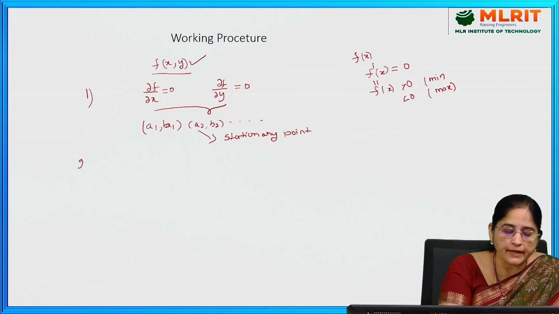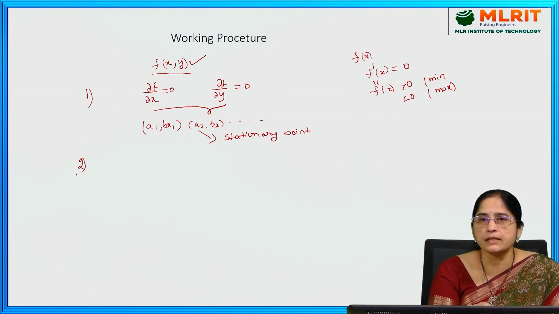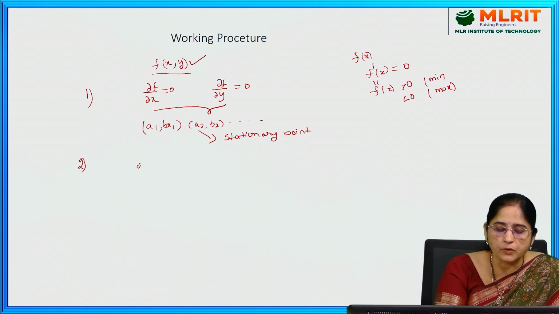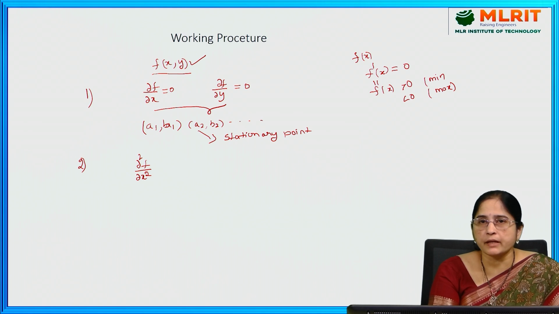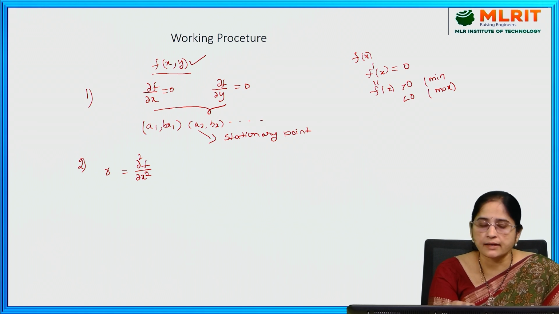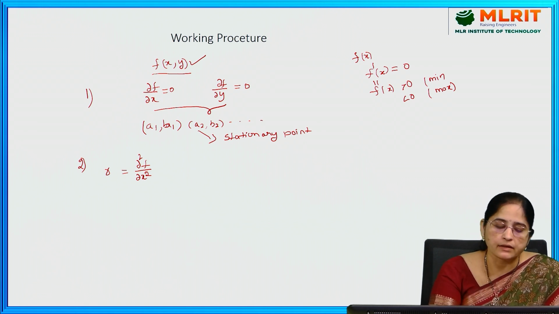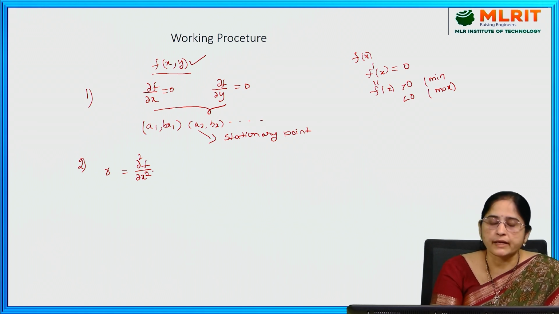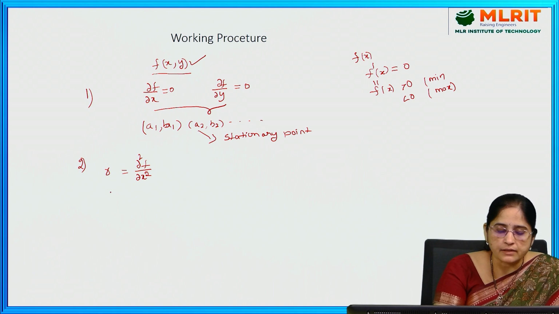Next, after finding the stationary points, we have to find out dou square f by dou x square. So, instead of writing dou square f by dou x square, for our convenience, we are writing some letters, that is R, S, T. So, R means dou square f by dou x square. Next one is S. S means dou by dou x of dou f by dou y.